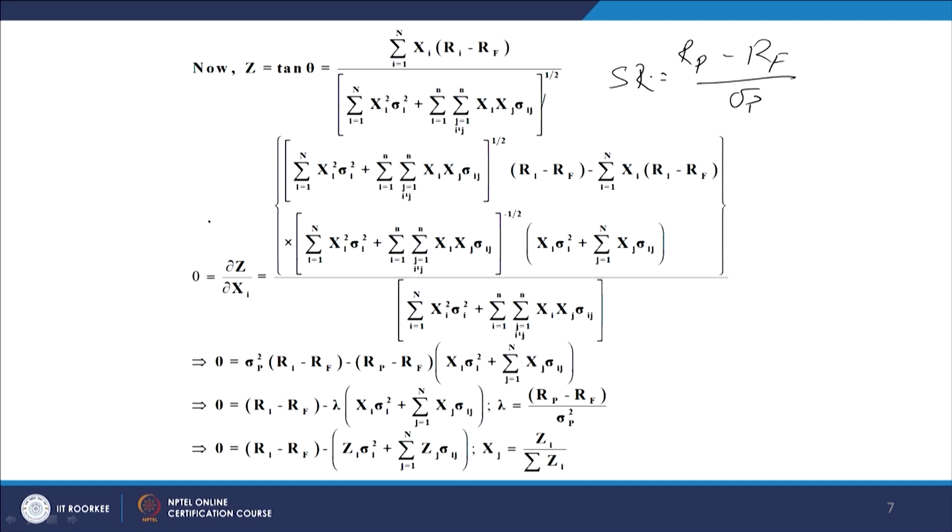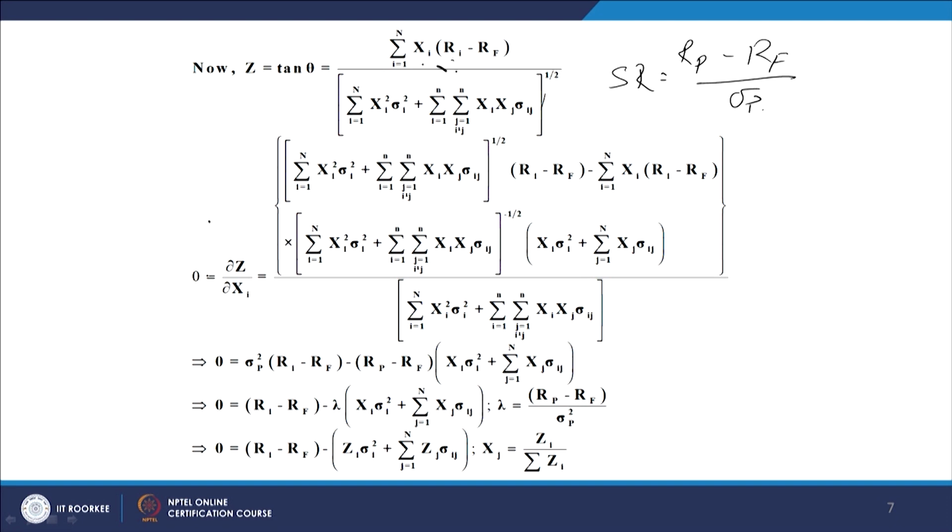The maximization, how is it done? Now here the degrees of freedom are what? The degrees of freedom are the composition of the securities in the portfolio, x1, x2, x3, which go into the portfolio P. In fact, you can write this Rp as sigma xi Ri, which is what it is here, and you can also write sigma p as the standard deviation of the portfolio using the constituents.